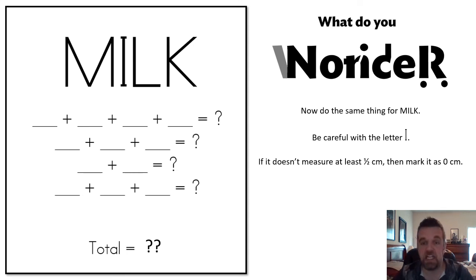So if it's not even 1/2 centimeter, you have to round it down to 0 centimeters. I know that doesn't make a whole lot of sense because there is in fact a line there. It does have some kind of measurement, but it's not enough to be measured at 1 centimeter. So we have to round down. So be careful with that.